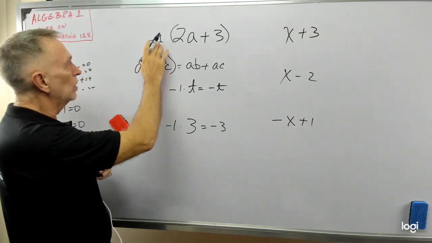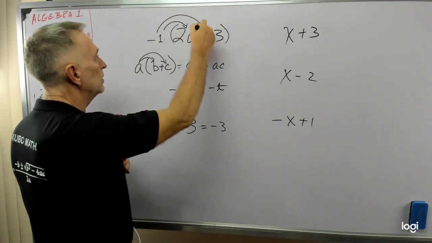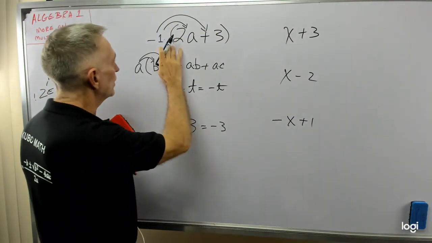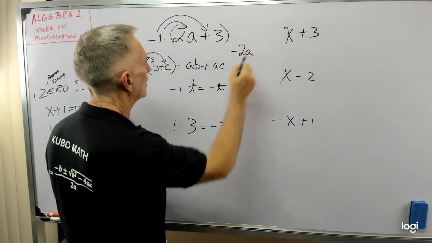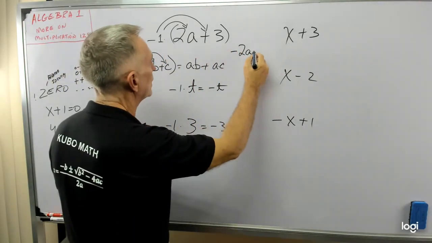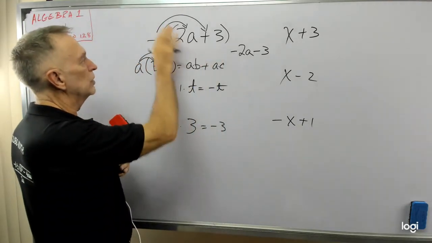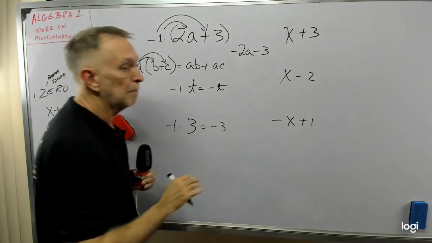So -1 times 2a and -1 times 3. So -1 times 2a gives me -2a, and -1 times 3 gives me a -3. So the inverse of 2a plus 3 is -2a minus 3.